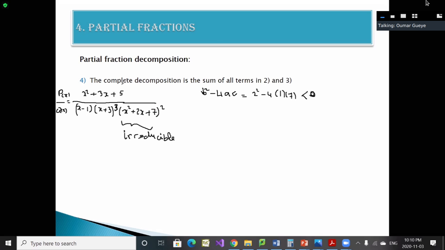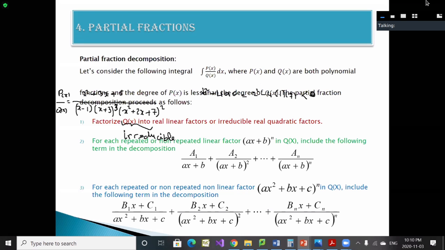And what the second step says is, okay, so from the second step, you can see here, from step 2 in green color, from each linear factor repeated n times, you can get n terms having this form from each of them.